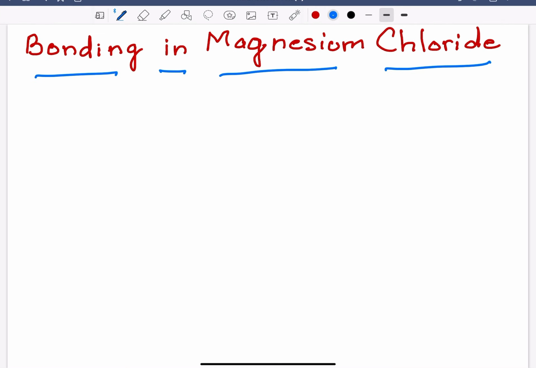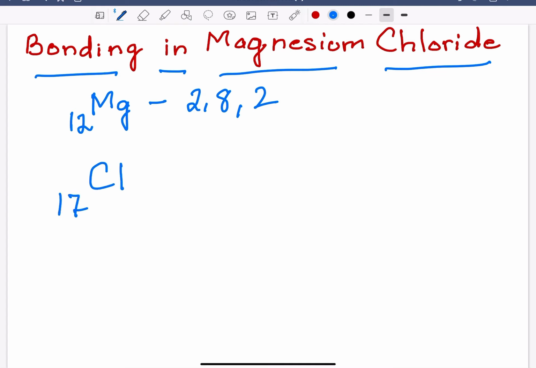Now, writing down the electronic configuration. Magnesium has an atomic number of 12, so its electronic configuration will be 2, 8, 2, whereas chlorine has an atomic number of 17, so its electronic configuration will be 2, 8, 7.